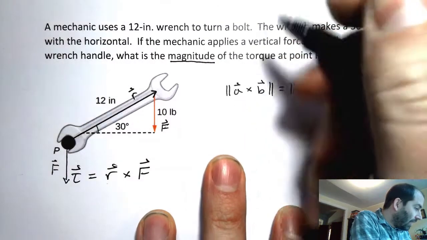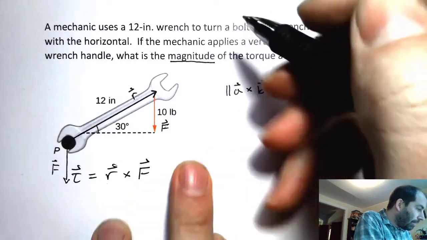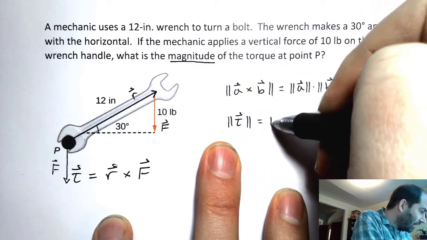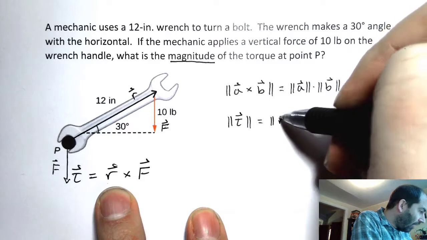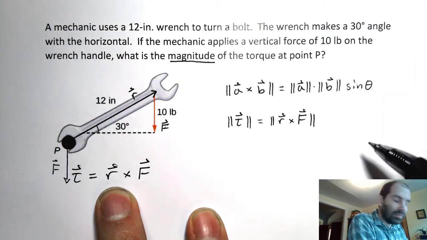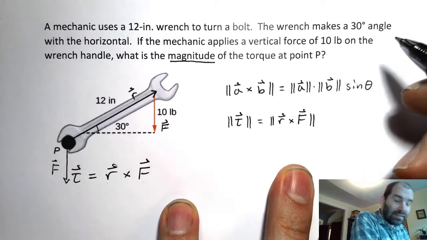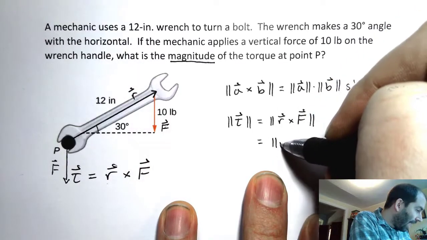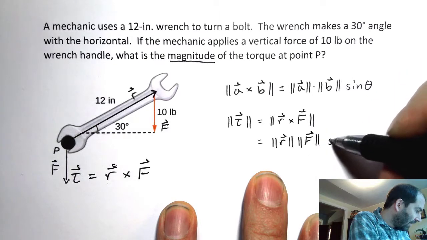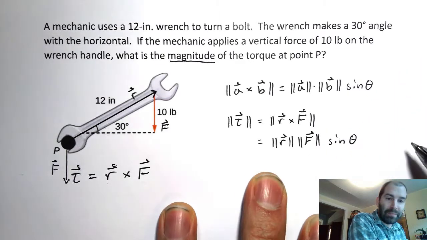So the magnitude of the torque is the magnitude of R cross F, which is, according to this formula, the magnitude of R times the magnitude of F times the sine of the angle between them.